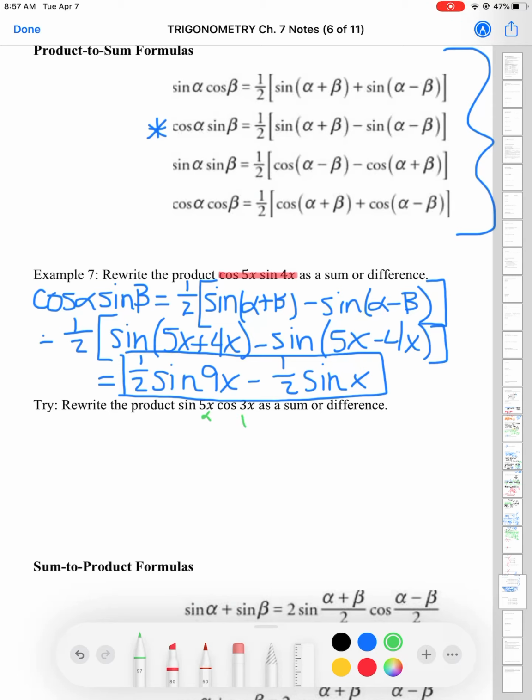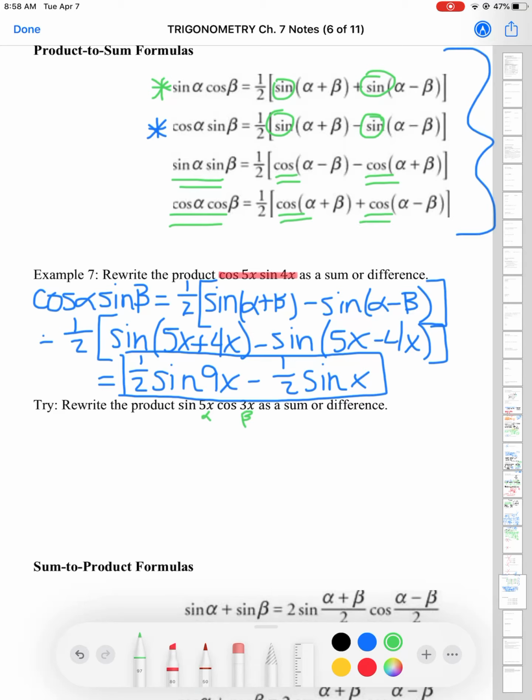Here, 5x is your alpha and 3x is your beta. This is sine 5x cosine 3x. So it's going to be this formula right here. If you notice with your formulas, when it's sine cosine or cosine sine, we've got sines on the inside. But when the trig function is the same, like sine sine, cosine cosine, we've got cosines on the inside.